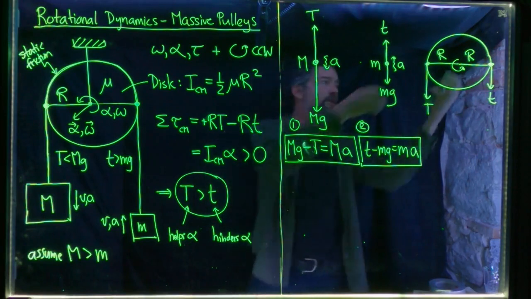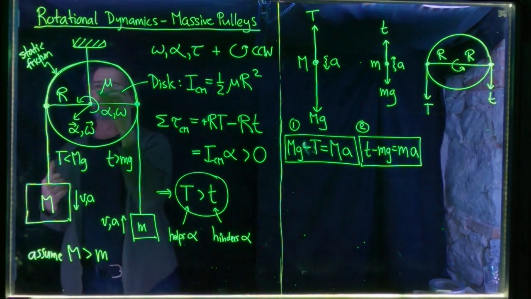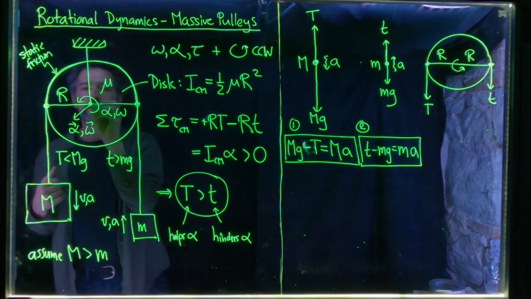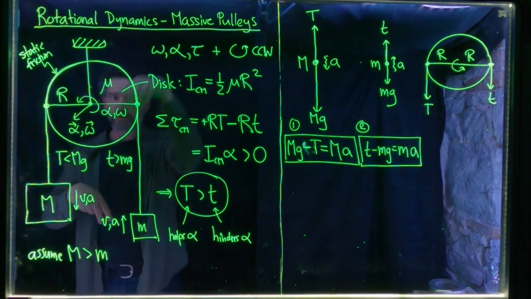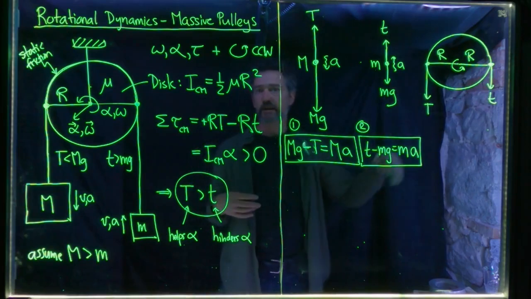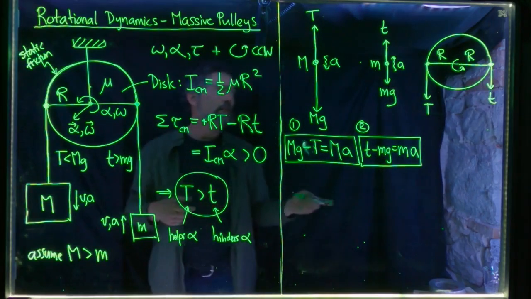But the thing is not accelerating downwards, and that's because there is an upward force that this rod is exerting on the axle upwards. It's like a normal force upwards. So the normal force that the rod is exerting on the axle is equal in magnitude to the weight mu g downwards plus big T plus little t. But we don't care about that. Okay, so the net forces in the vertical direction cancel out. There's no linear acceleration of that pulley up or down. But we don't care about that.